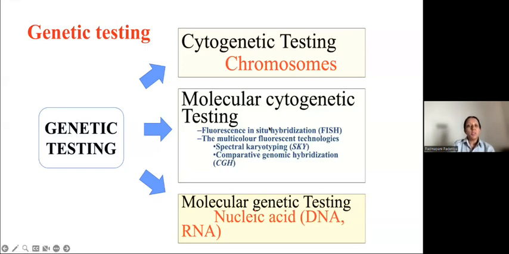In molecular cytogenetics, we are mainly dealing with fluorescent in situ hybridization and array. You can detect small deletions and duplications. And in molecular genetic testing, we are mainly dealing with DNA and RNA. So in terms of liver diseases, the molecular genetic testing platform is the platform in genetic investigations.